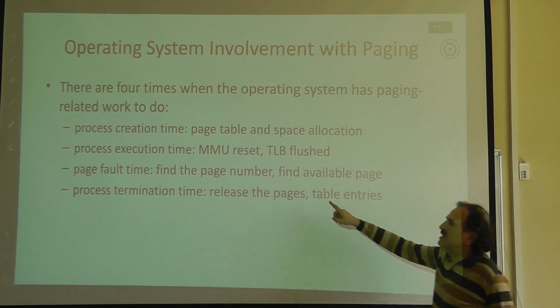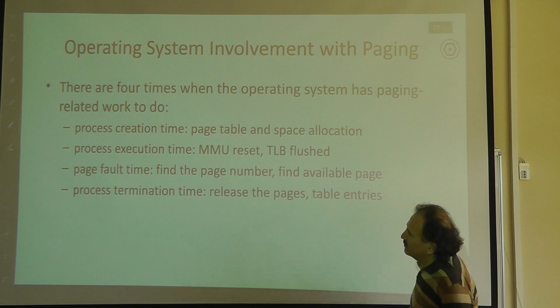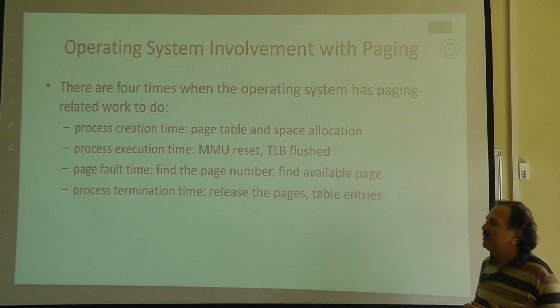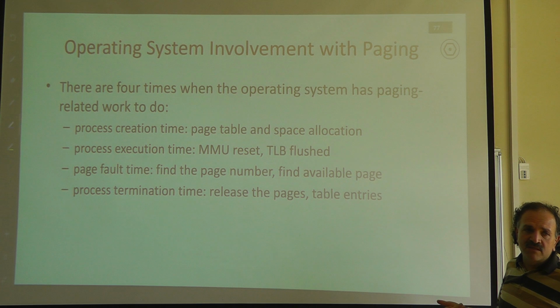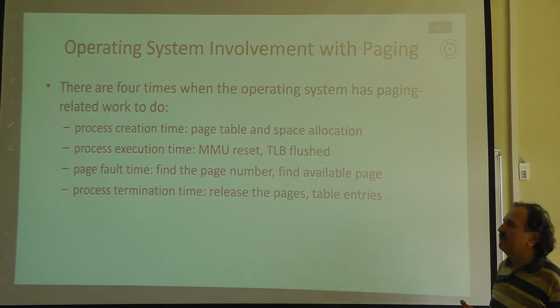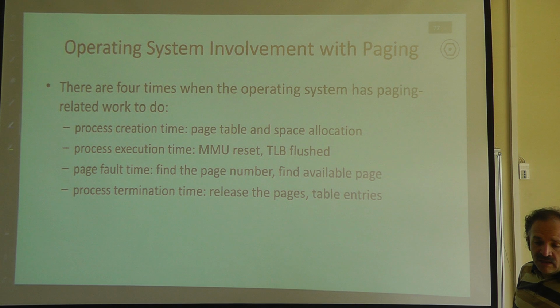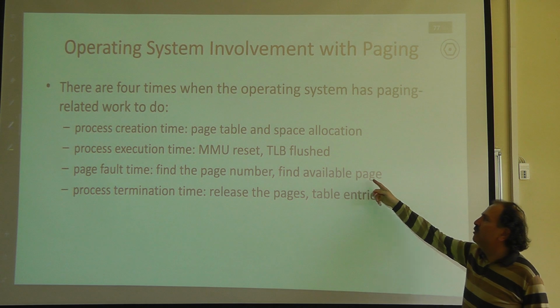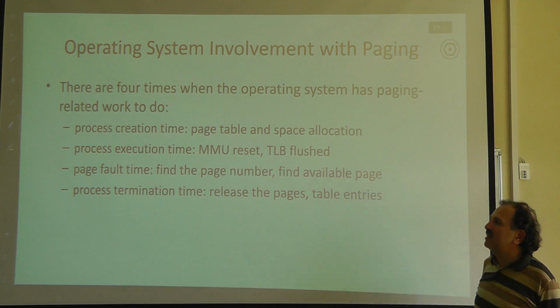And then there is the page fault time. When a page fault happens, what do we do? We need to find which page caused this page fault, the page number, first. Then we need to check if there is a page frame available so that we can use that one. If there are no page frames available, then we need to run some kind of page replacement algorithm.